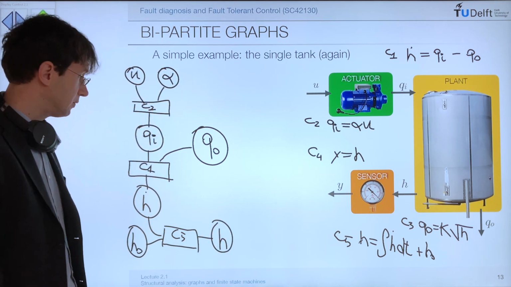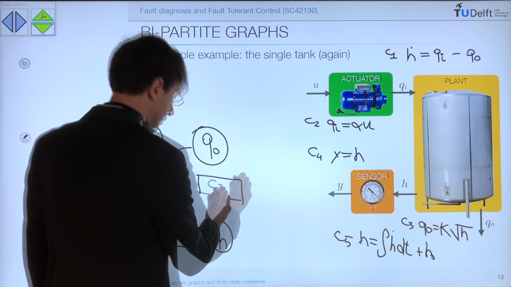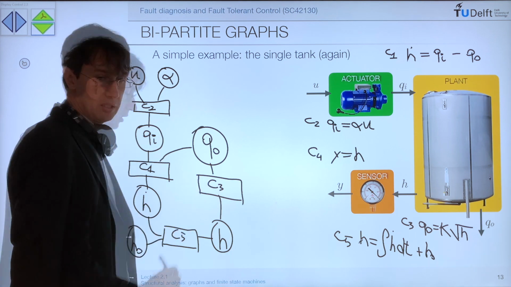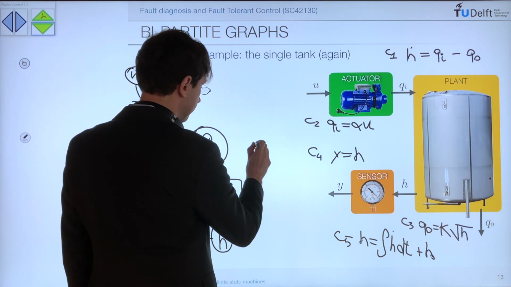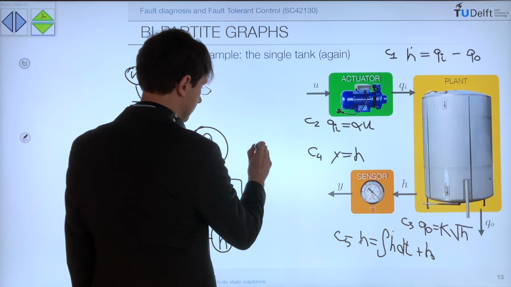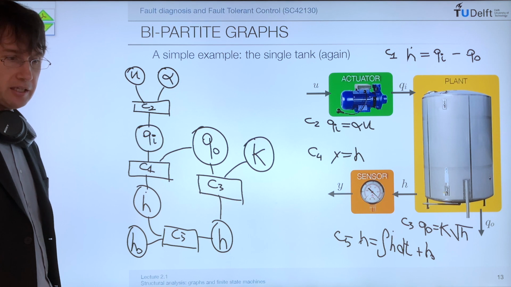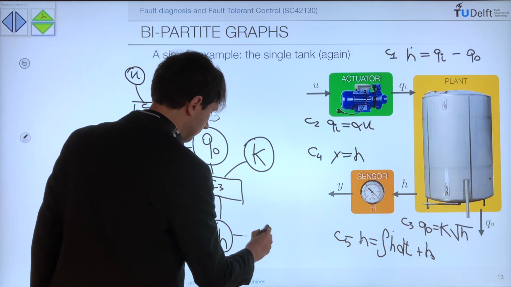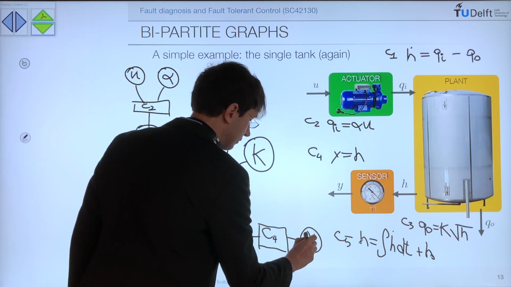And then h through equation C3 is linked to the outflow Qo and the constant K. And finally, we have the last equation, the output one, that is producing the measurement y.